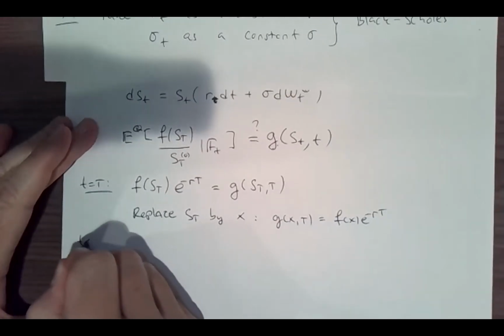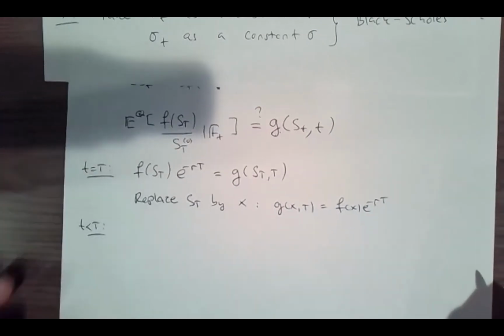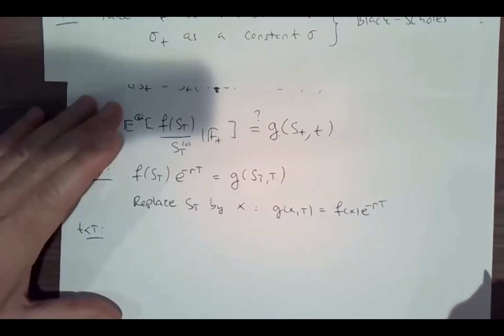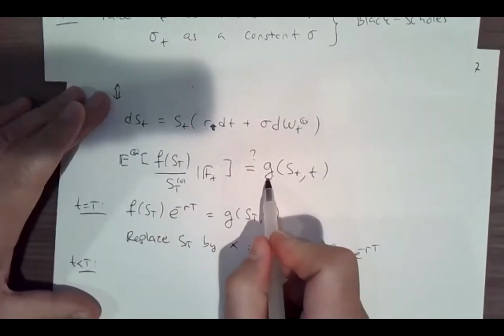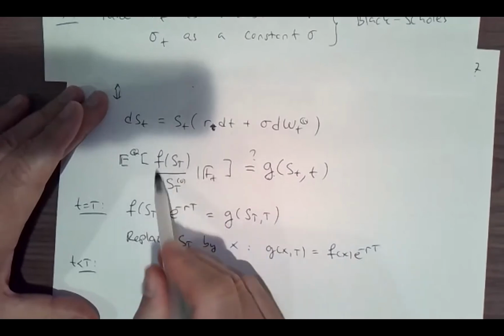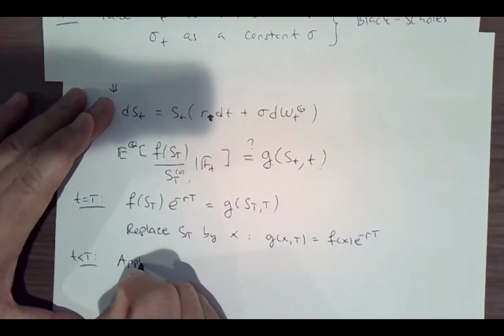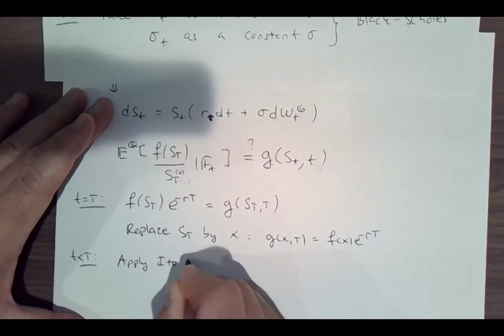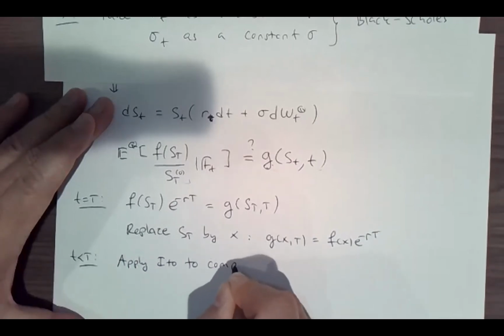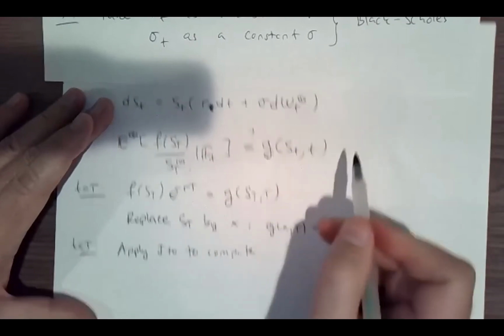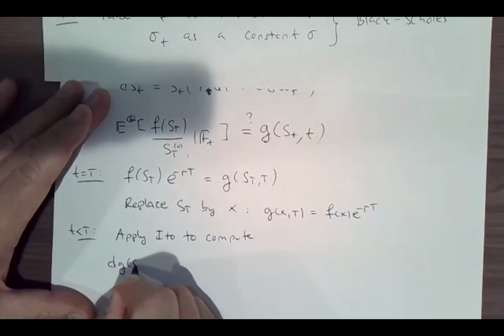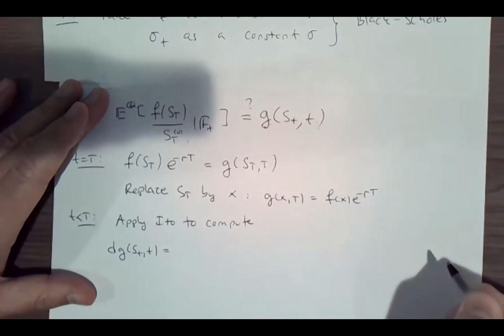And then I'm interested in what happens before. That's where we apply Ito's lemma, because I know that the left-hand side is a martingale. So I apply Ito's lemma to compute dg of S_t.